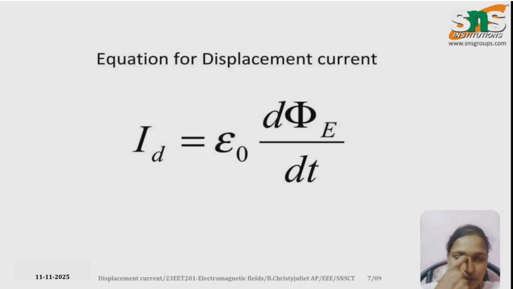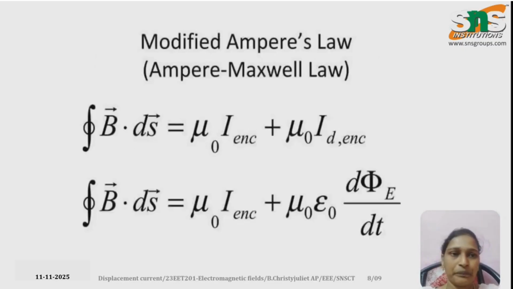So the equation for displacement current is I_D is equal to epsilon naught d phi E by dt, because this displacement current is a result of change in electric flux. So I_D is proportional to the rate of change of electric flux with respect to time.